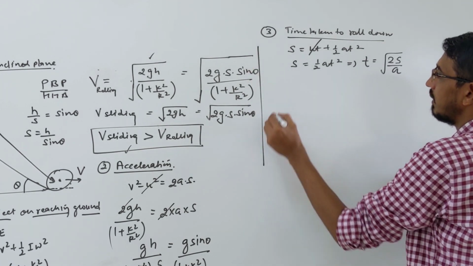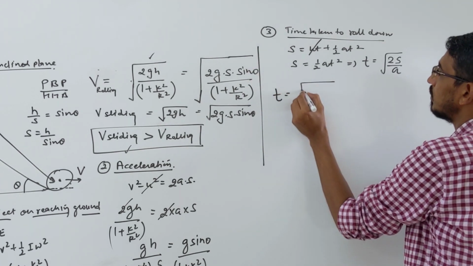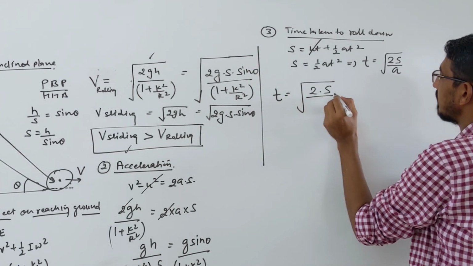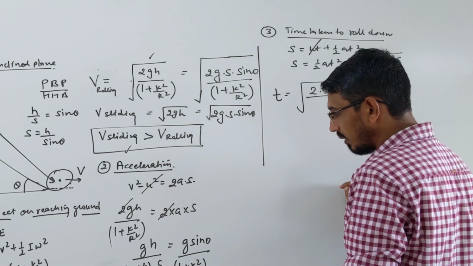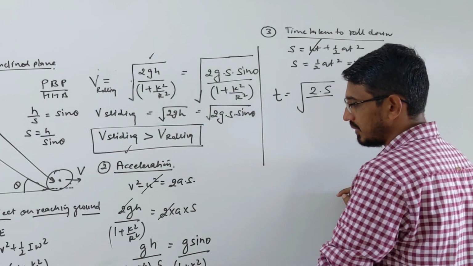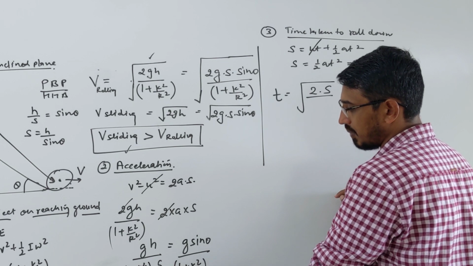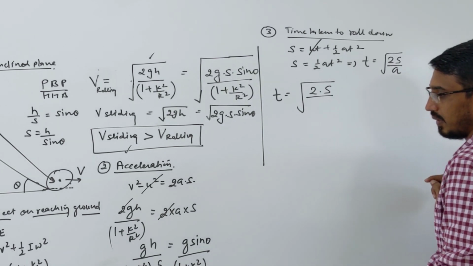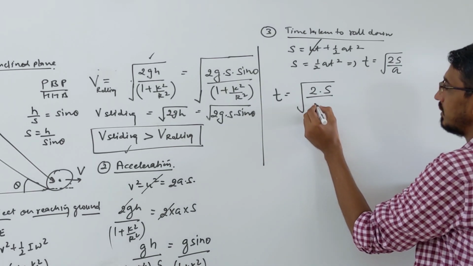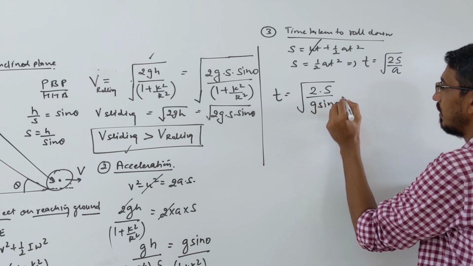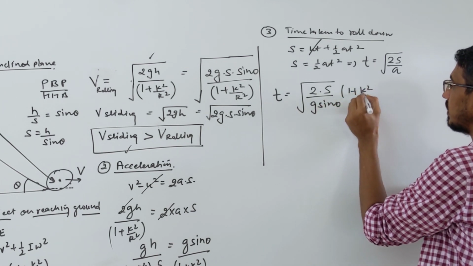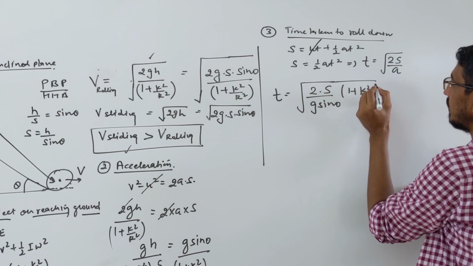So if you put that value, how does the time come? Time will be 2 times s by a. Look here, a is g sin theta upon this term, so g sin theta comes down and this term goes up, 1 plus k square by r square. Everything is under the root, keep in mind.